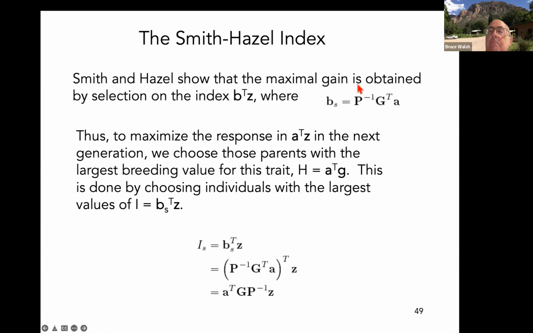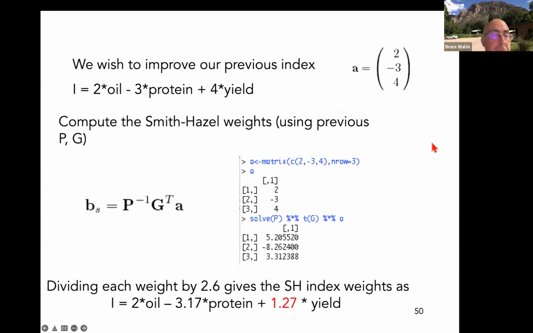They depend upon P inverse and they depend upon G. So A is the index I'm trying to maximize. Instead of selecting directly on A, though, I use these additional weights, which account for genetic and phenotypic correlations to give me a larger response.